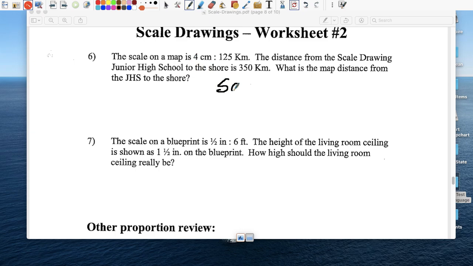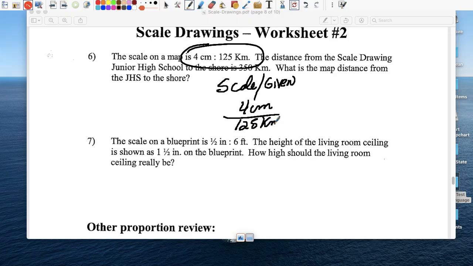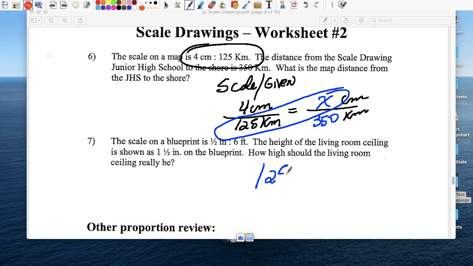Well, let's start with what's given to us, our scale. It's given to us that 4 centimeters corresponds to 125 kilometers. So let me write centimeters here, kilometers. Now they're asking us, 350 kilometers, how many centimeters would that be on your map? Well, x, we can now cross multiply. 125 times x is 125x, and 4 times 350 is 1400.